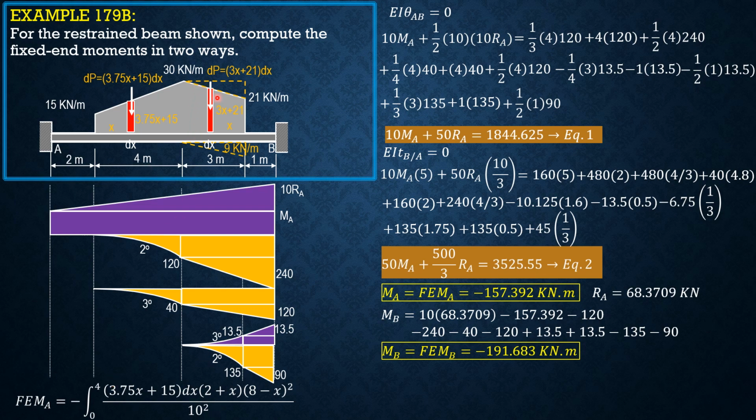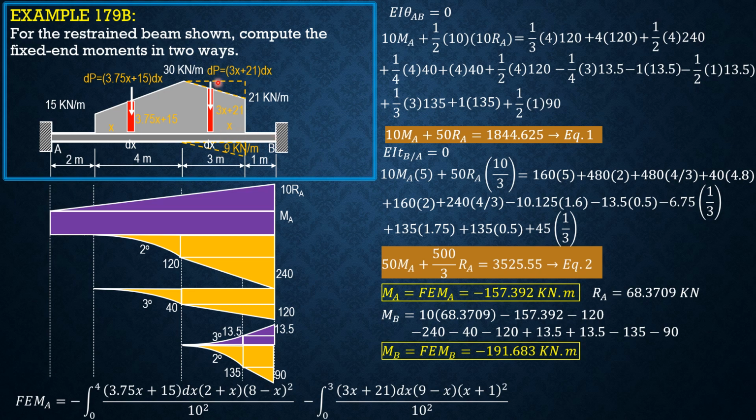And here we have plus minus integral of 3x plus 21 dx. The distance of this strip from the left is 9 minus x. Then its distance from the right is x plus 1.